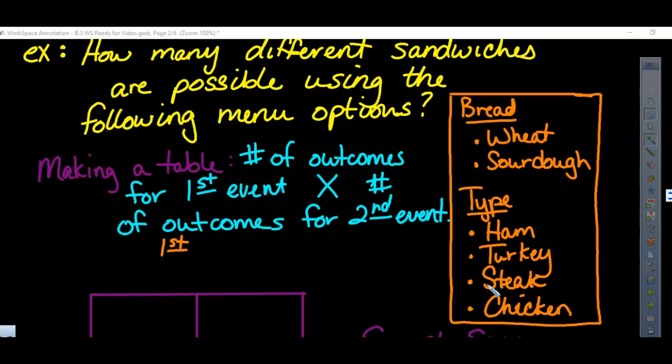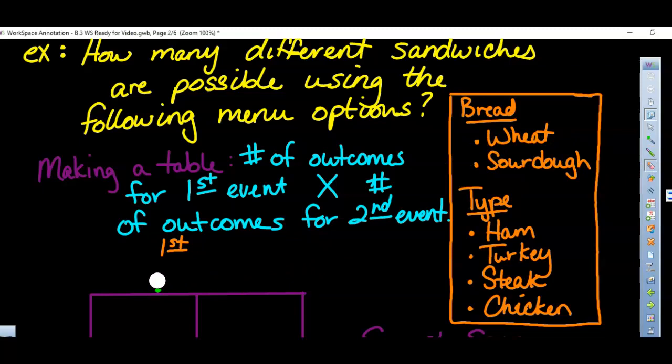Okay. When we're creating a table to represent the number of outcomes for both of these events to happen, we take a look at each individual event. So our first event here is picking out what type of bread we want. And we notice there are two different types of bread.